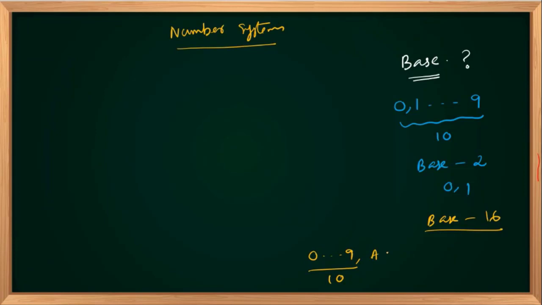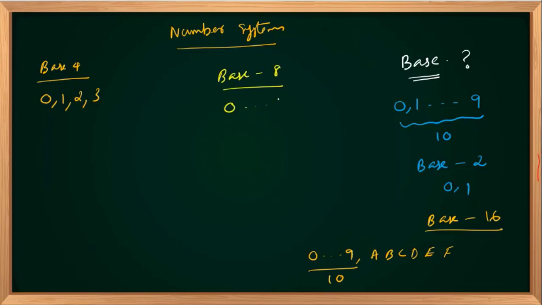They are A, B, C, D, E, and F. That's a base 16 system. If it's a base 4 system, you have symbols 0, 1, 2, and 3. 4 symbols. Base 8, we have symbols from 0 to 7. 8 symbols.